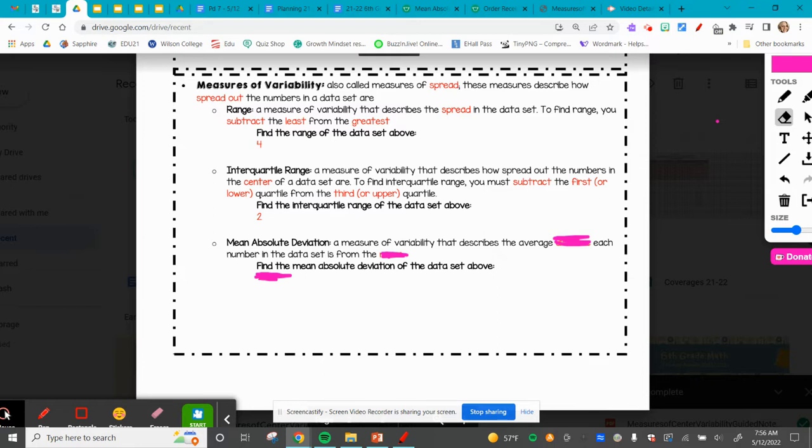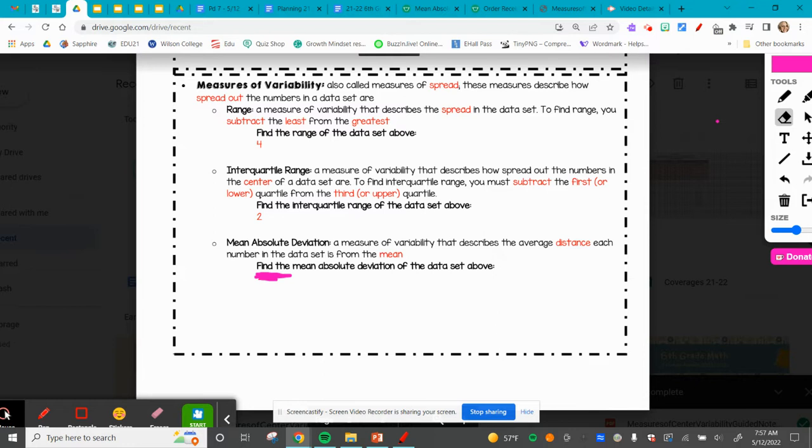Yesterday, we did a lot with mean absolute deviation. Mean absolute deviation is a measure of variability that describes the average distance each number in the data is from the mean. So to find the mean absolute deviation, we have to take each of the numbers of our data and subtract that from our mean.